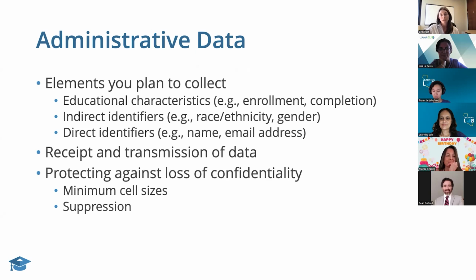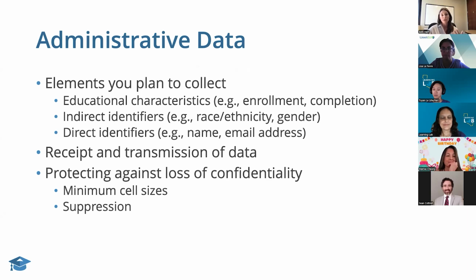What I mean by that is analyzing student level institutional records. So that's maybe data from students' application to your college or university, course data, such as their course performance. I have a couple of examples here of different data that you might be collecting as part of your learning lab project.